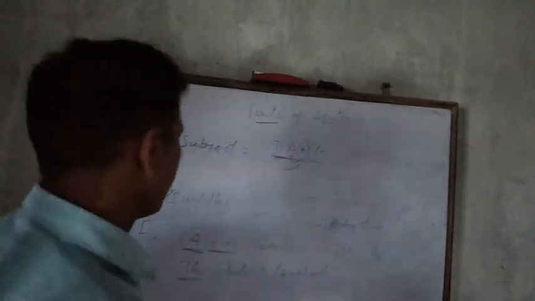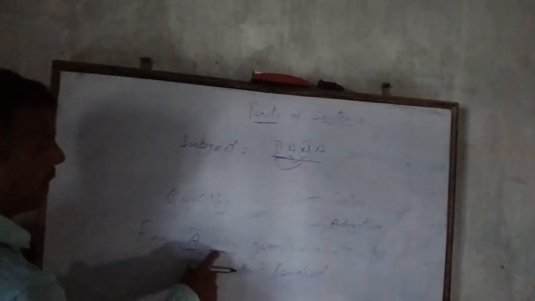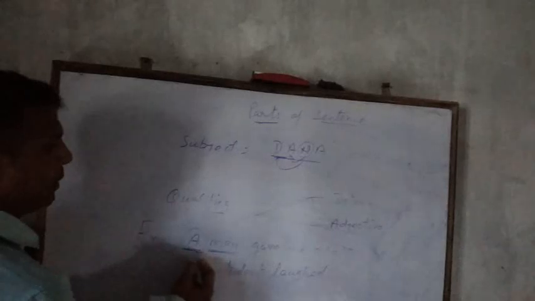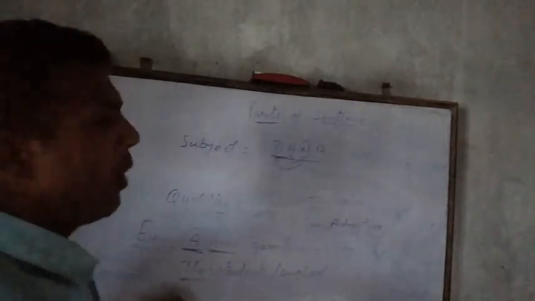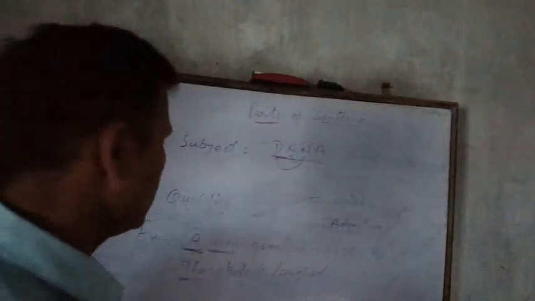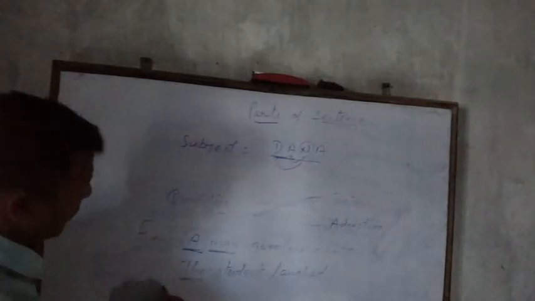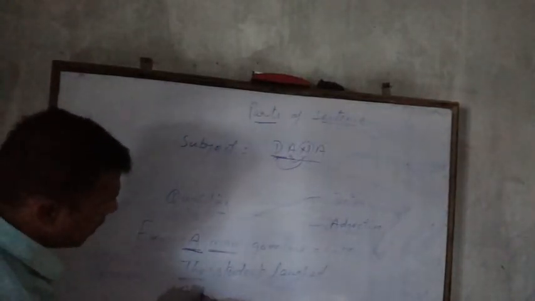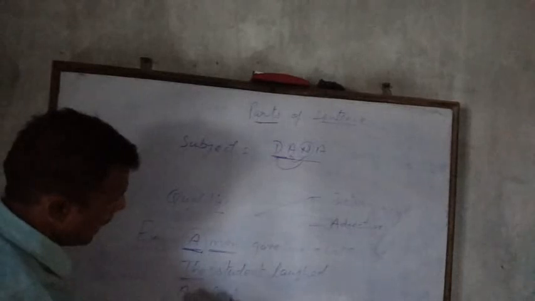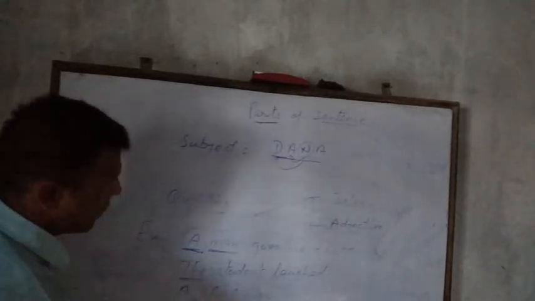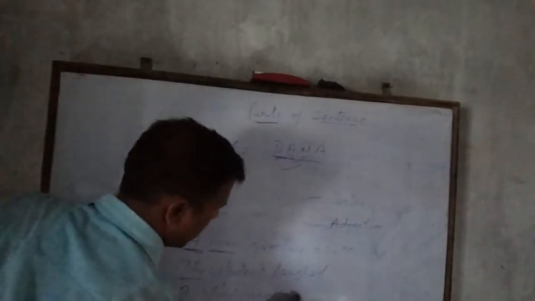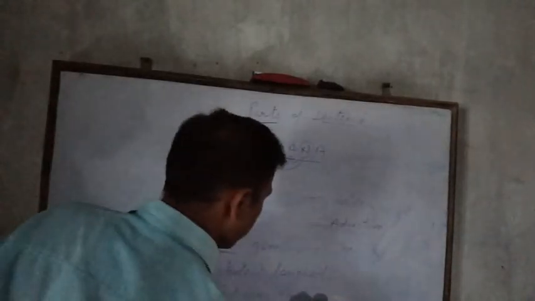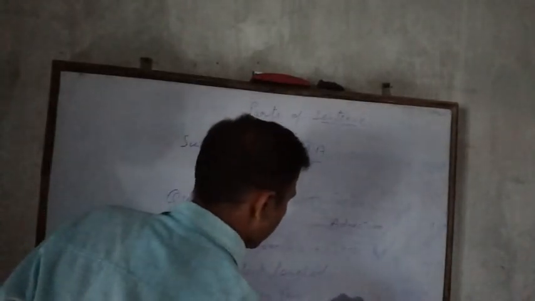Like here, a man gave me a ball. Only a determiner is there. Now, how do we use an adjective here? Let us see. For example, a blind man gave me a ball. A blind man gave me a ball.